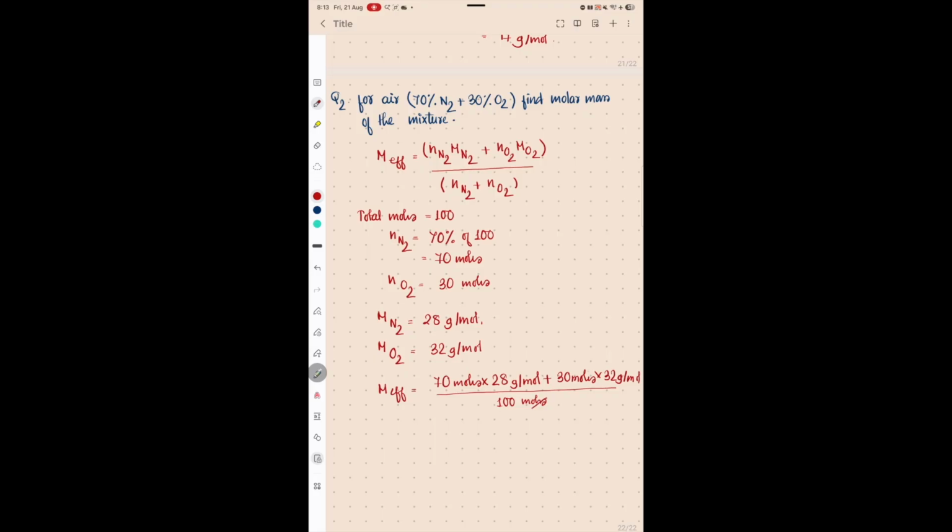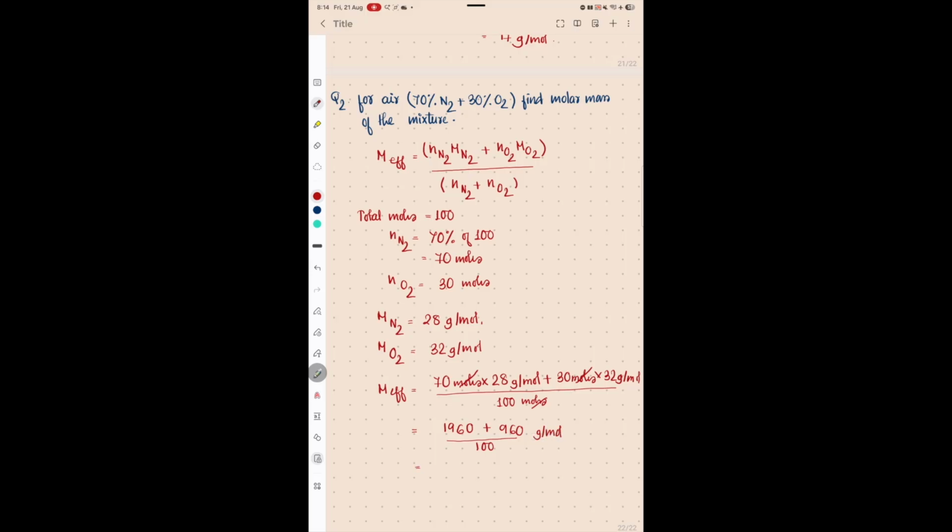So moles cancel out, so that will be 70 times 28, 1960, plus 32 times 30, 960, divided by 100 gram per mole.